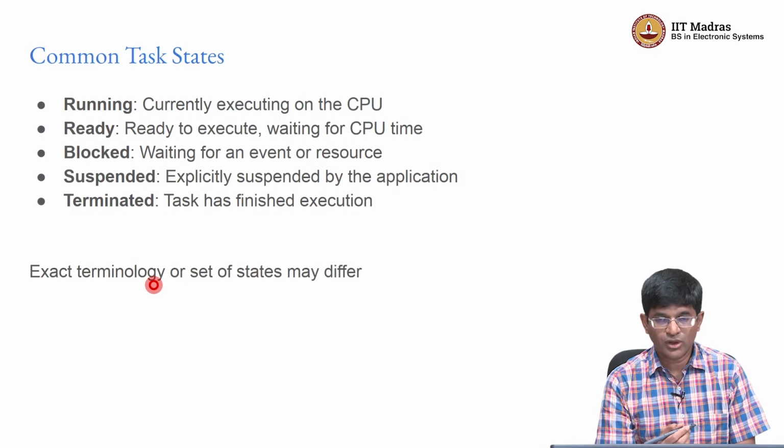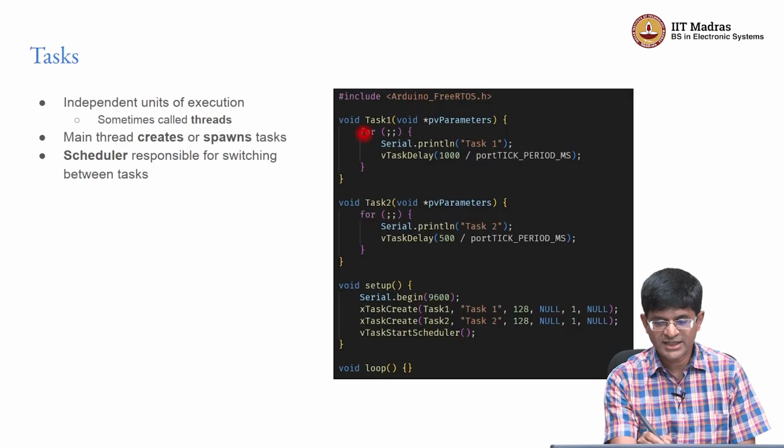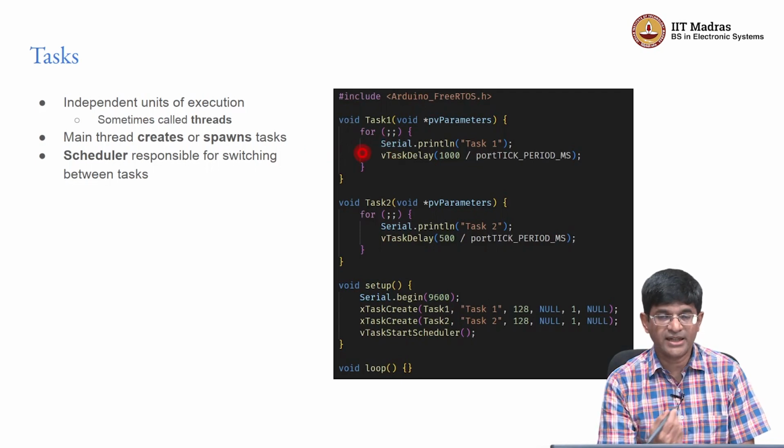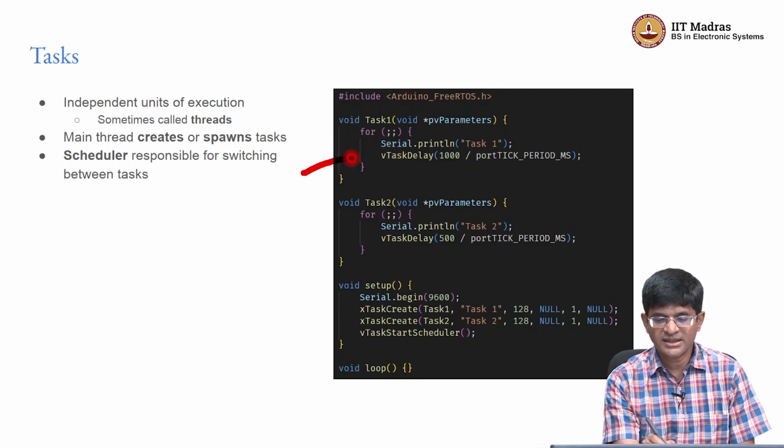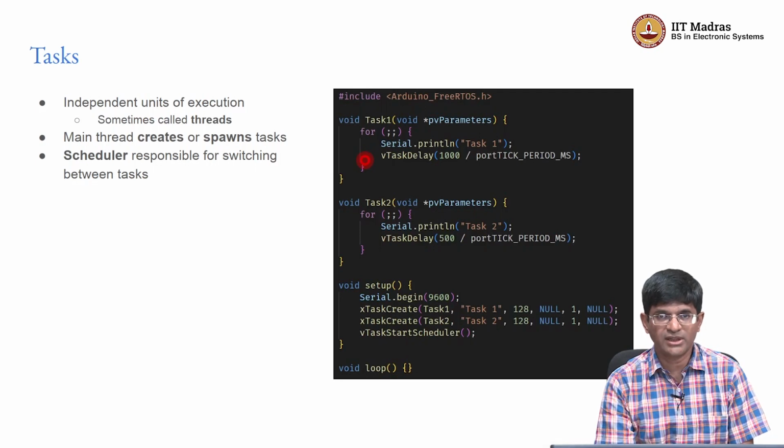In the context of what we have seen so far, normally we would say that while this printing is happening, the task is in the running state, right, but once it calls vTaskDelay, it is basically waiting for the timer event so that it can then be called again and start running.